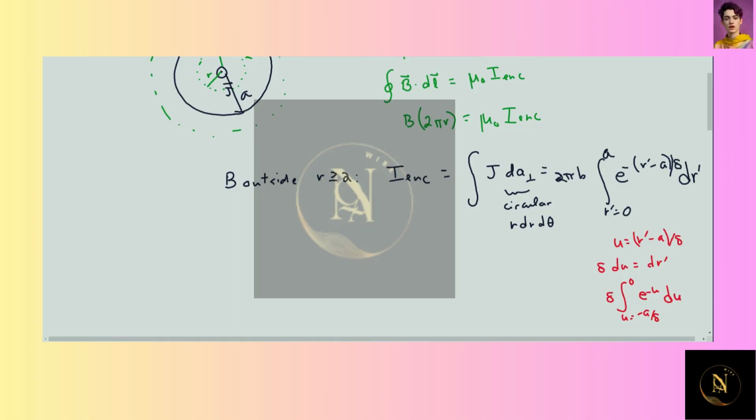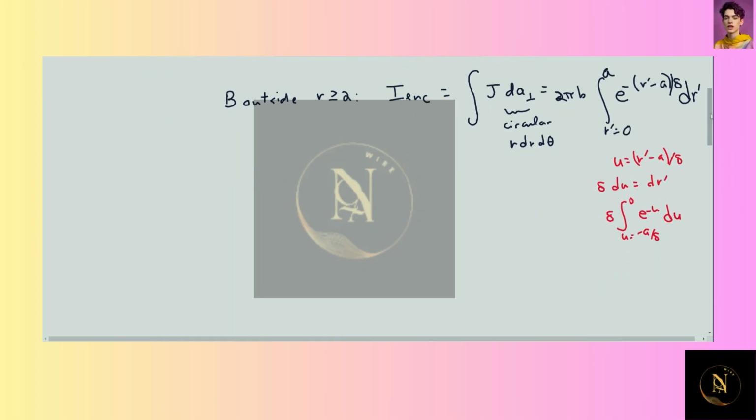And I don't want to hang out with all the details, but that probably gives you enough to see how that integral gets done. Integral of e to the minus u du. Here, let me just finish that out.